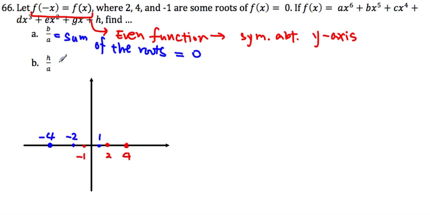Now, let's look at the h of a. H over a is the last number over the first number. That's always the product of the roots. But let's look at it. Sometimes the product of the roots can be either positive or negative.